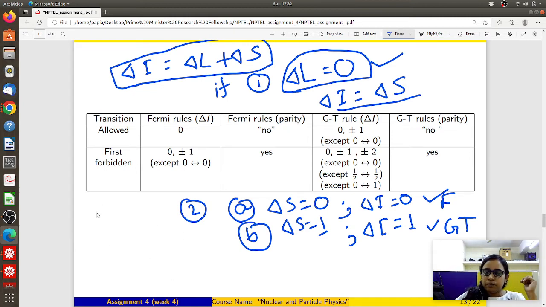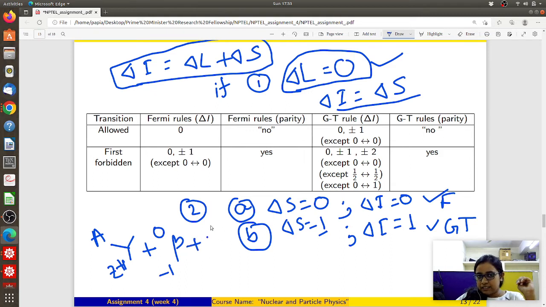Because in that beta transition, what is happening? What is the outgoing particle? If I am talking about beta minus, then Z to Z plus 1 A plus beta minus plus there is one neutrino, basically an antineutrino.